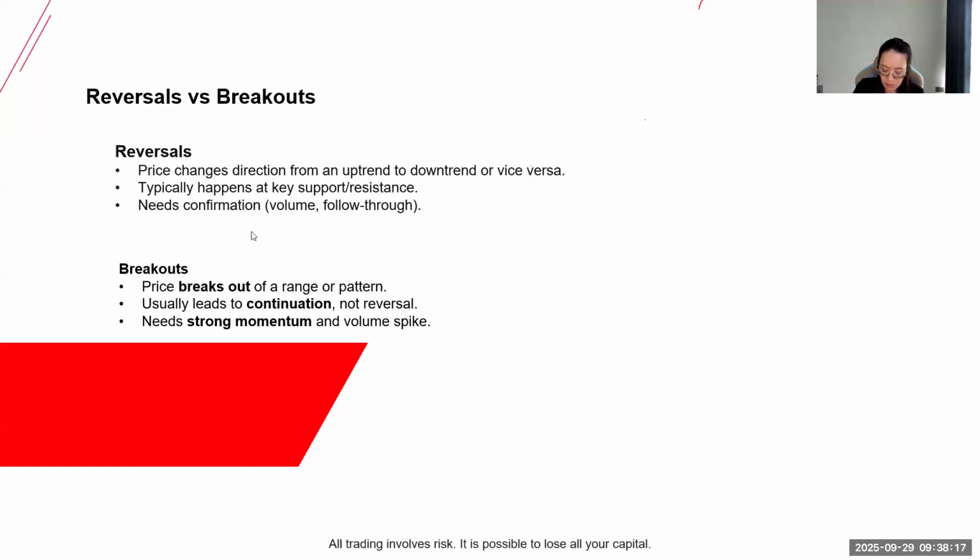Usually I use RSI as confirmation to identify overbought and oversold. If I identify the key level, this is my resistance, and this is my RSI.